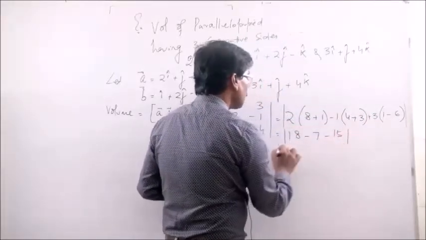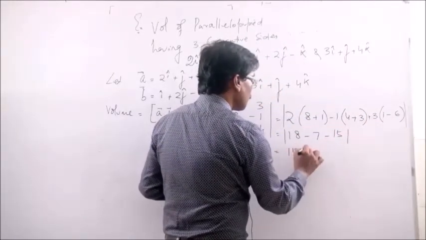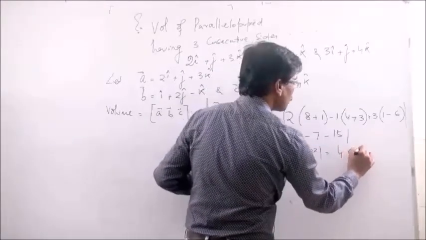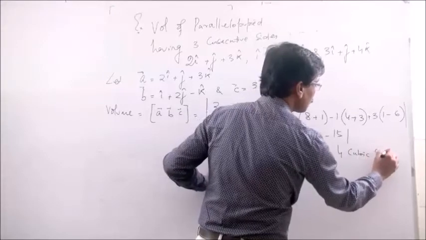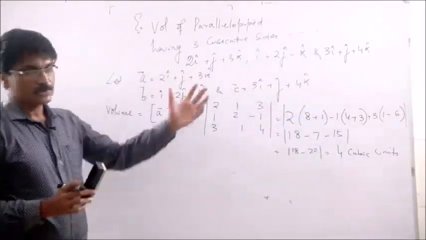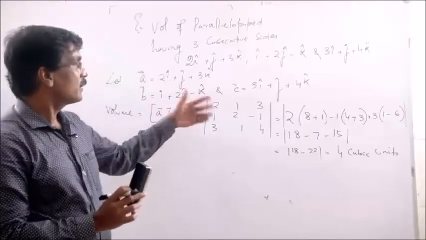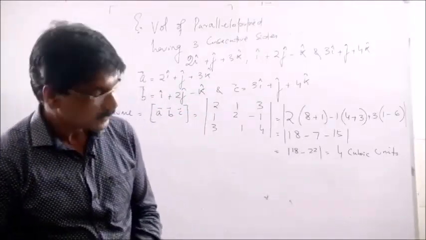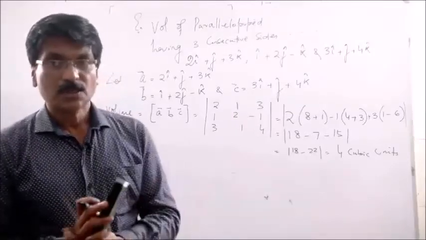So, that is equal to 18 minus 22, that is equal to 4 cubic unit. So, if 3 consecutive sides are given, then we have to find the volume of parallelepiped. So, we can take one more example.